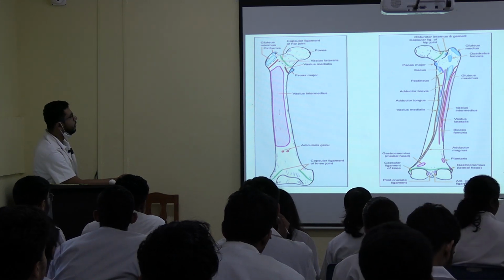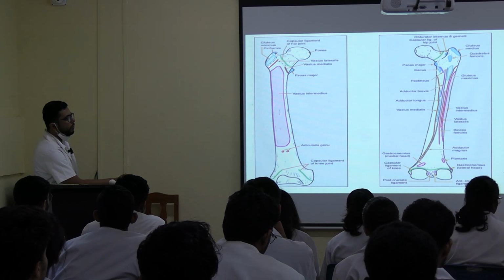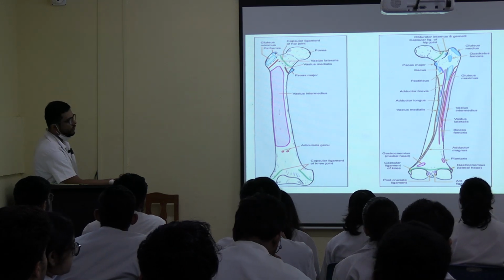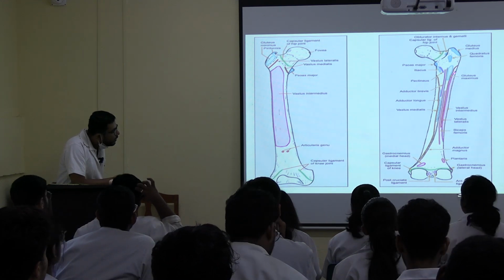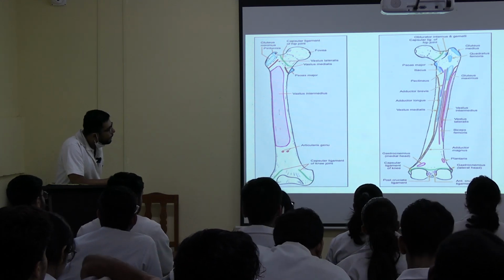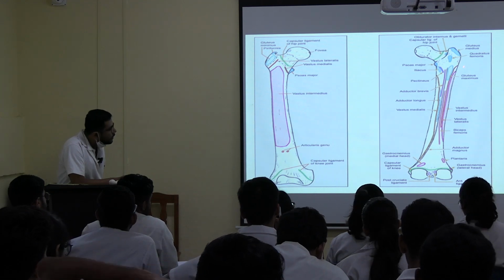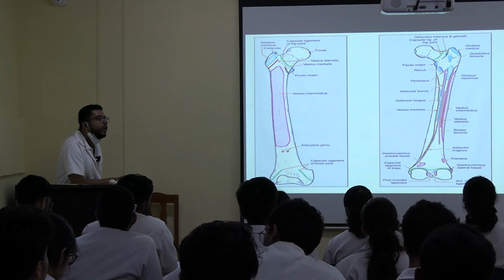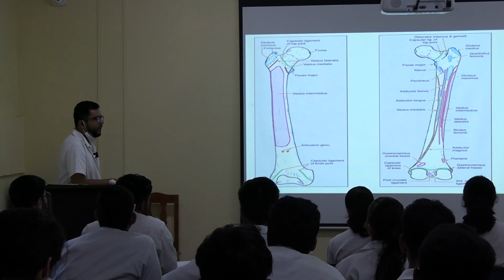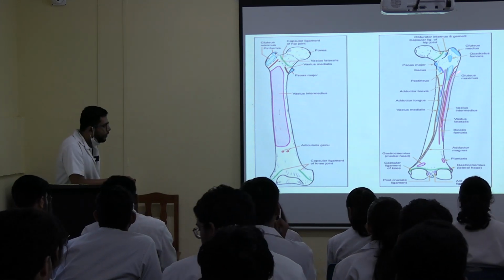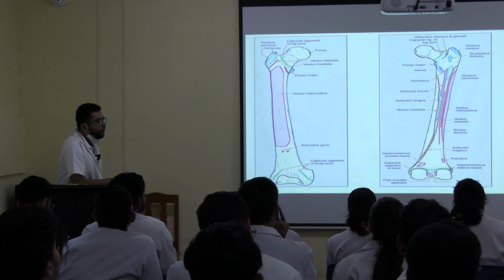Greater trochanter. So it is below the greater trochanter, right? So on the, what is this tubercle? Tuberosity. On the lateral aspect of.